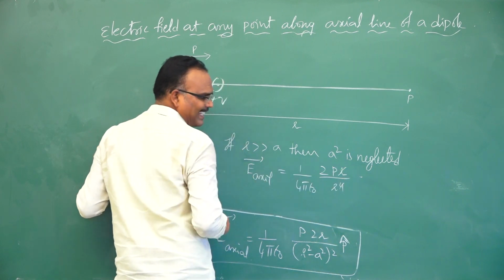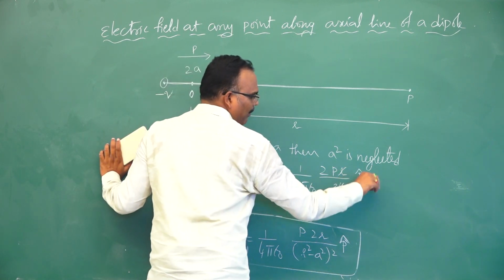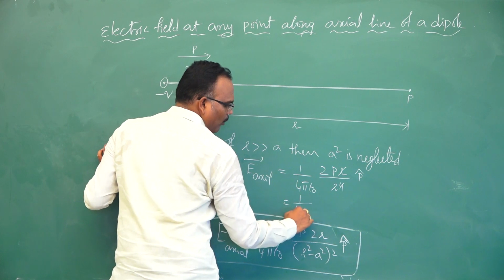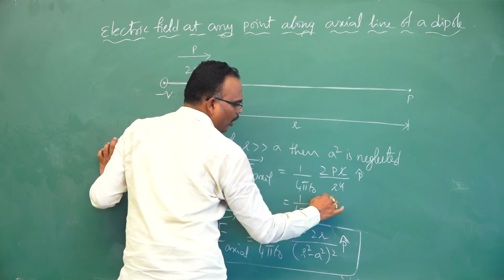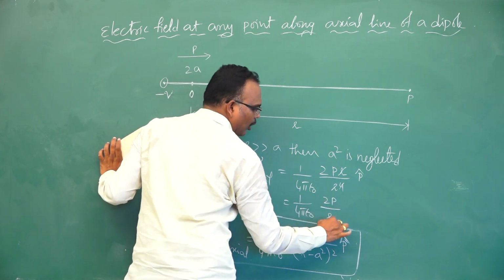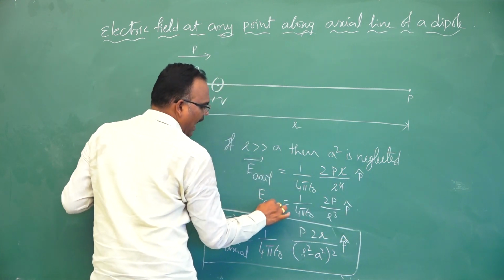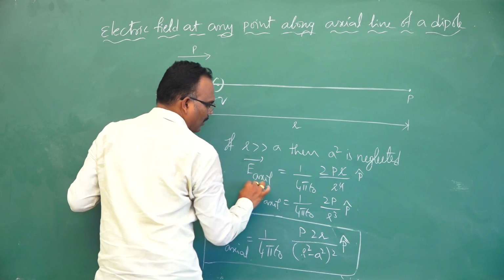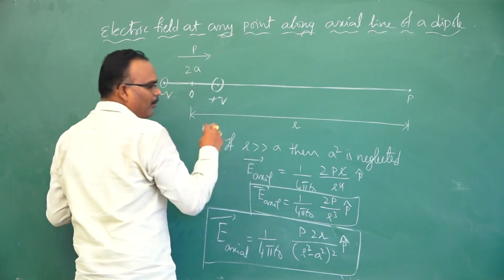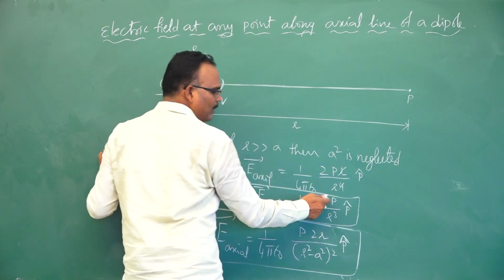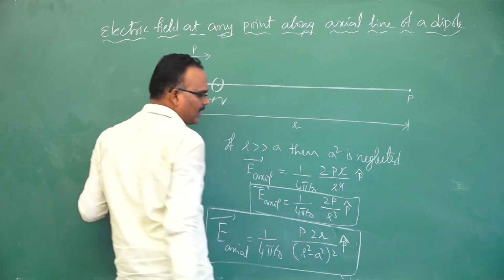One r gets cancelled, into p cap. So now it will be 1 by 4 pi epsilon naught 2p by r cube into p cap, the electric field along the axial line. If you want the magnitude, it is 1 by 4 pi epsilon naught 2p by r cube, no need to take the unit vector.